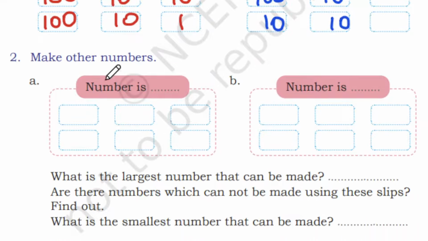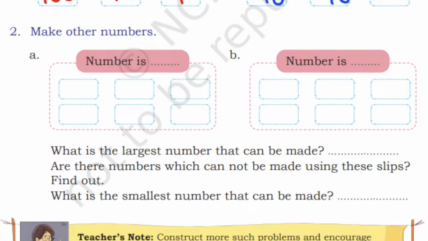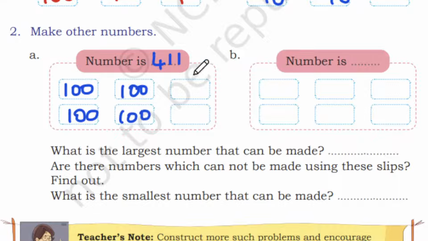Next, make other numbers. So they are asking to make other numbers. Okay, let's make 411. How do you write 411? You can write 400. You have to draw 400 here, and tens you have 1, and ones you have 1.